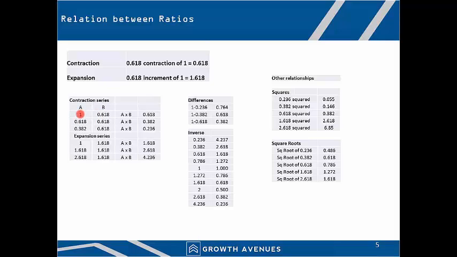So if you start with 1 and go in sections of 0.618, which is the constant ratio during expansion and contraction, then you will find that 0.618 itself, when it is contracted, goes to 0.382, and when 0.382 is contracted by the same ratio, you get 0.236.